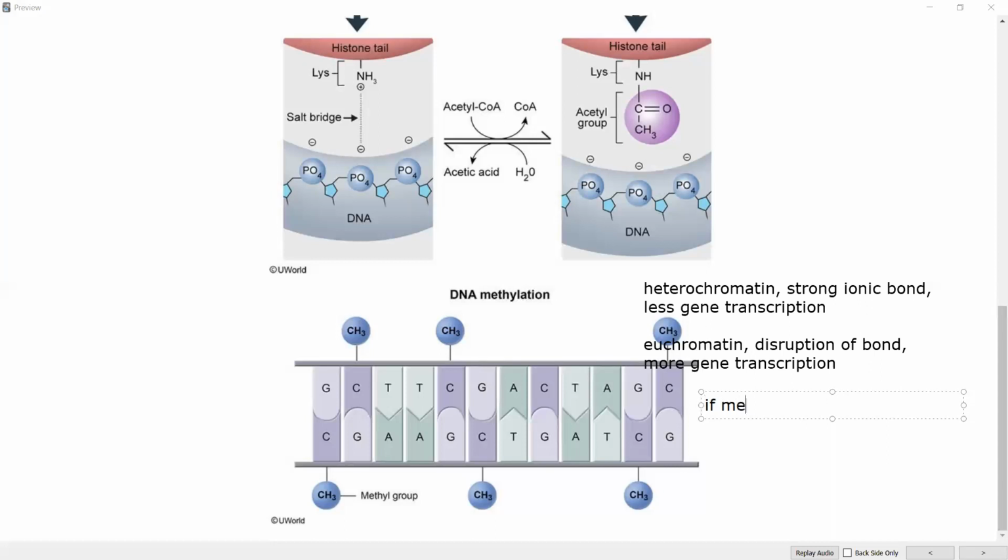If methyls are electrons, does addition of electrons make DNA more or less negative? That's our first question. If we add methyls, is the DNA becoming more or less negative?